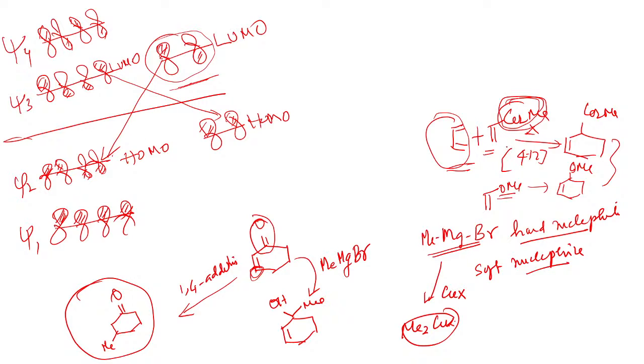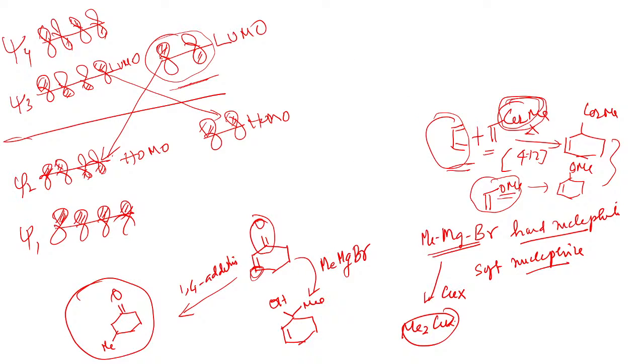Therefore, if you compare the reactivity of methyl acrylate with this vinyl ether, this will show greater reactivity. The reason is that when you have the electron withdrawing group, the energy level of the LUMO orbital is reduced, and it can easily overlap with this one. You can make the sigma bond. On the other hand, if you have the electron donating group like methoxy group, it can increase the electron density of this double bond.